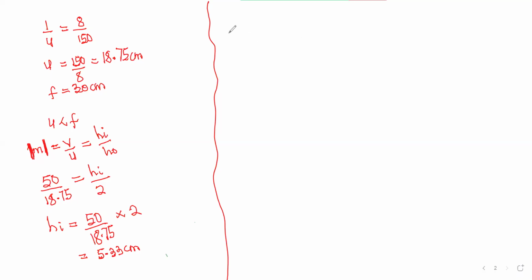We've done lateral magnification, and lateral magnification is equal to image distance V over object distance U. Then we also saw transverse magnification to be equal to image height over object height.